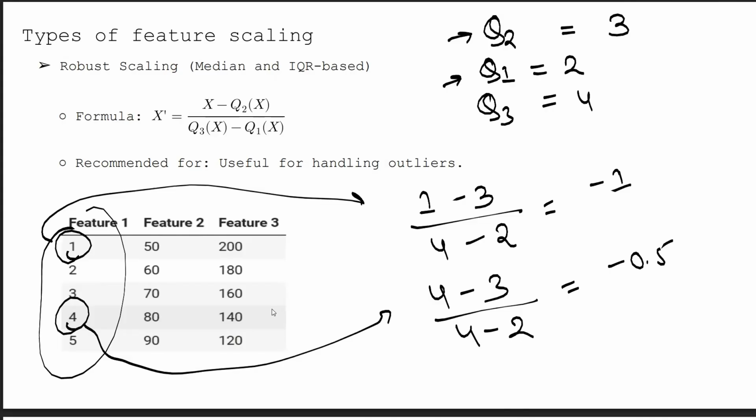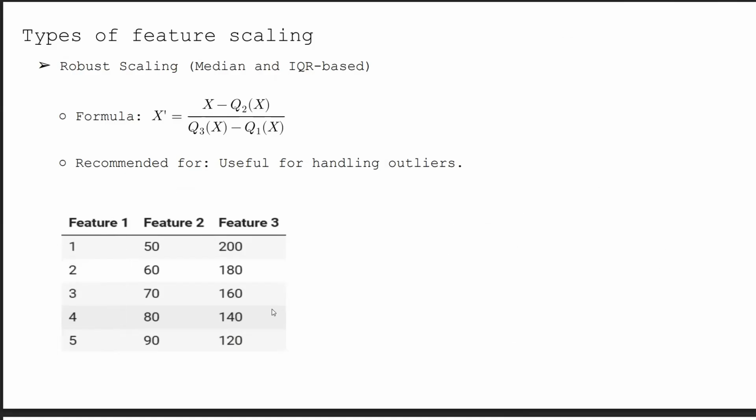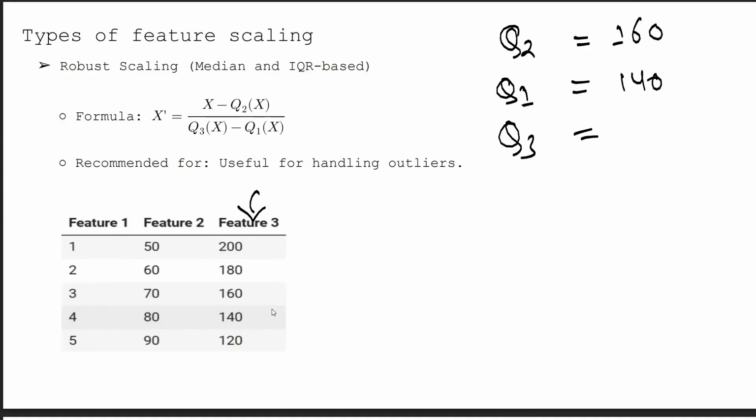Similarly, for the transformation of feature 2, we need to again calculate these parameters, Q2, Q1, and Q3, for this data set. If we are doing the transformation for feature 3, then Q2, the median, would be 160, Q1, the 25th percentile, would be 140, and Q3, the 75th percentile, would be 180.